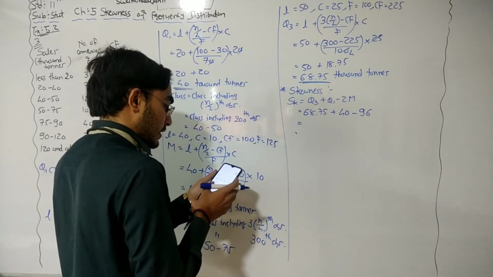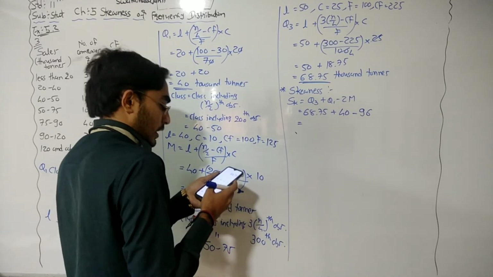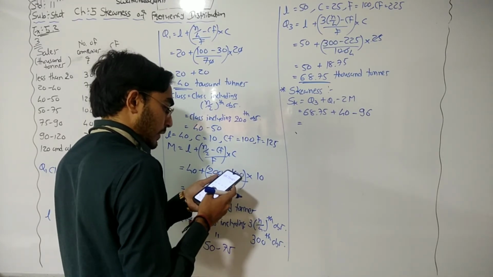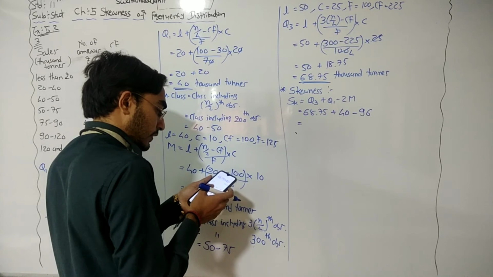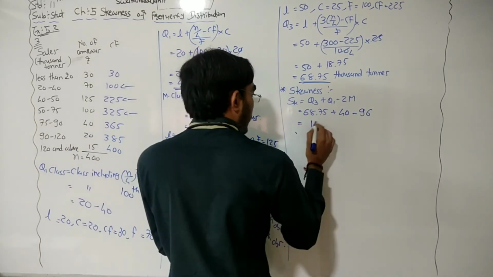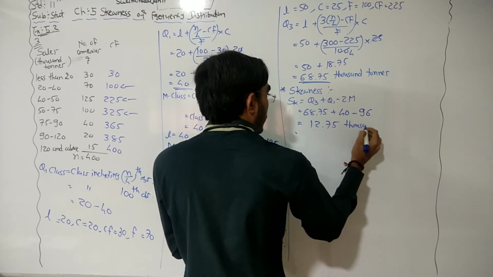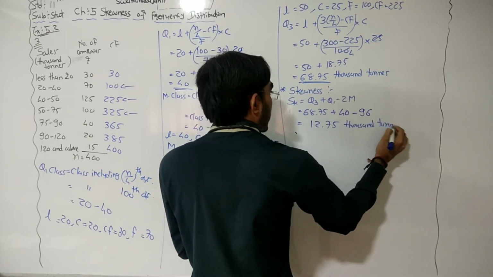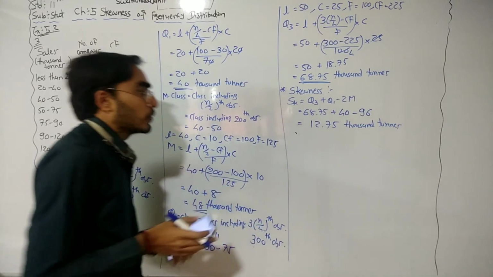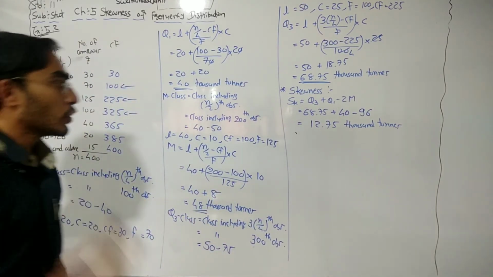Okay, so here 68.75 plus 40 minus 96 is 12.75, and here we even need to write the unit 1000 tons. Okay, so 12.75 thousand tons.